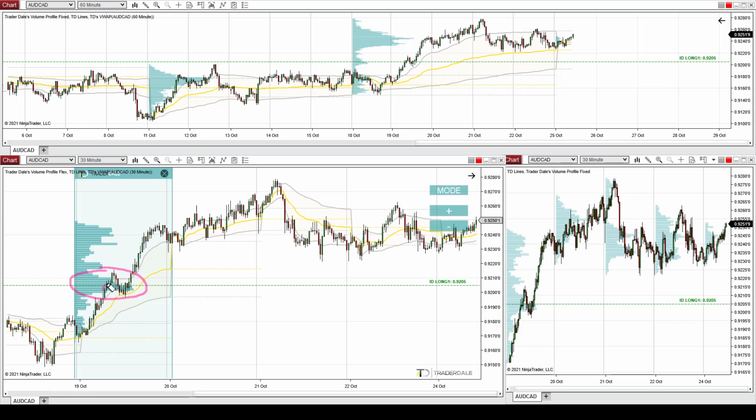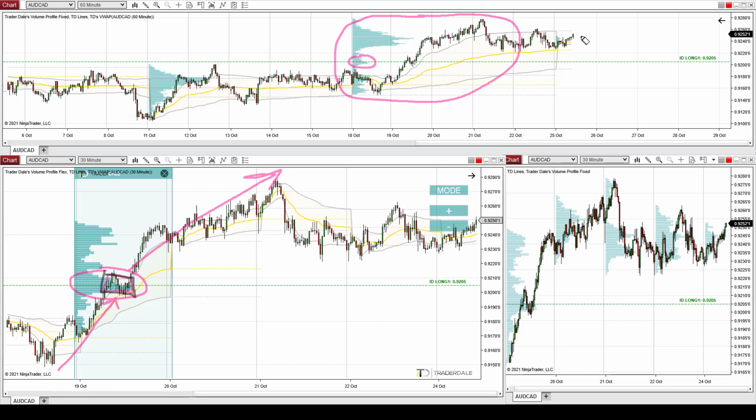Those volumes were accumulated in this area, and buyers were pushing the price upwards, then they were adding to their longs here where the volume profile is wide. You can see that on the volume profile pretty nicely here, and then they continued to push the price upwards. You can also see it here. This is the uptrend, and this is the volume cluster created within the uptrend.